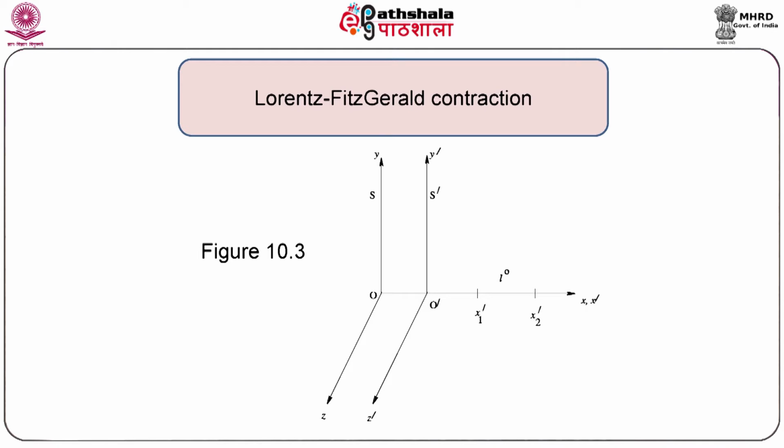OY and O'Y' are parallel to each other. Similarly, OZ and O'Z' are parallel to each other. Note that here we have chosen a special type of coordinate axis.